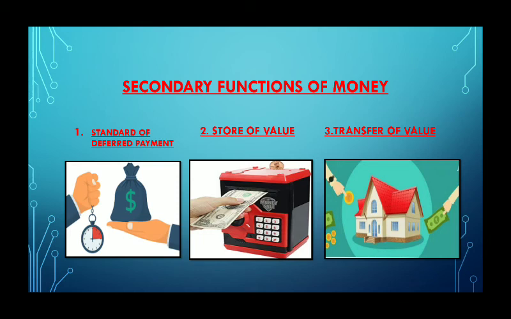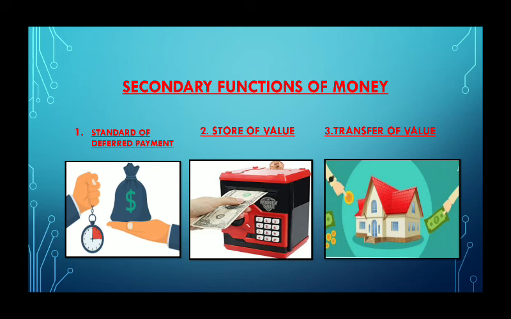People can keep their wealth in the form of money, and it allows us to store purchasing power, because we can purchase goods and services with money at any point of time, and this power can be used in the future to purchase other goods and services, including assets also. So money helps us to store the value of the current for the future.